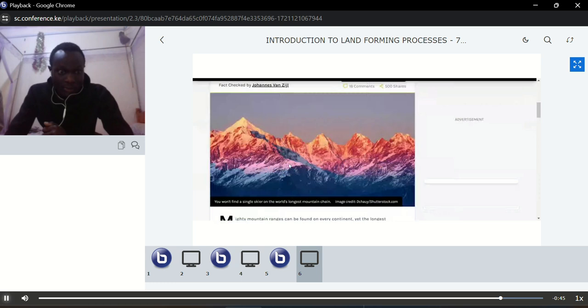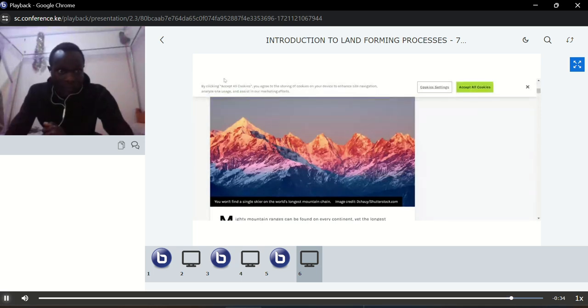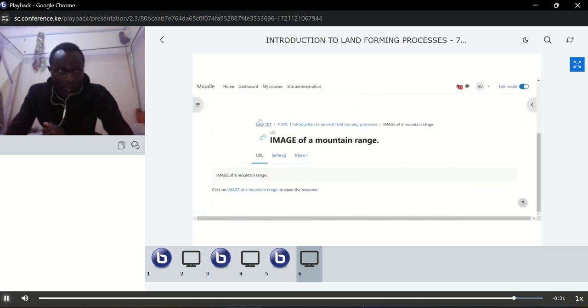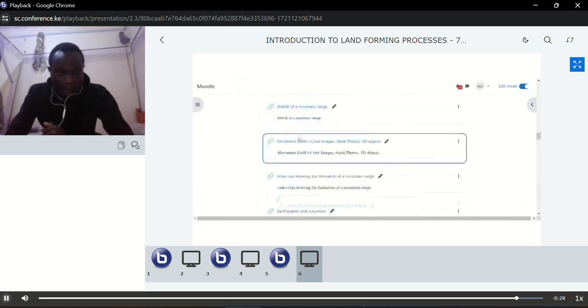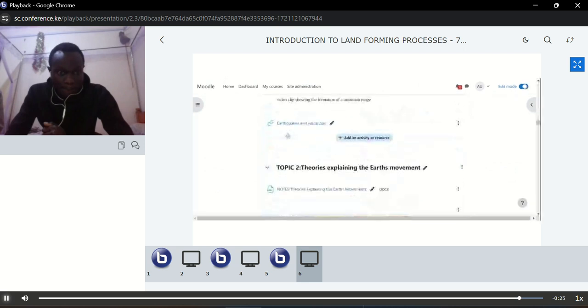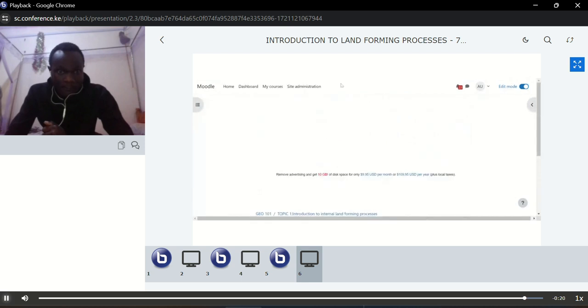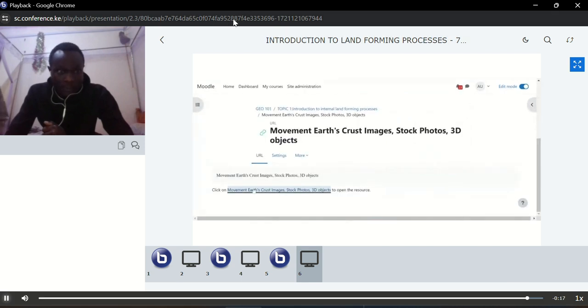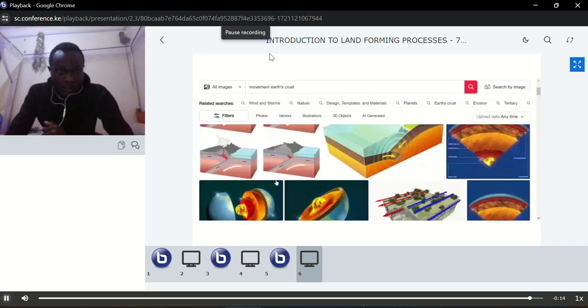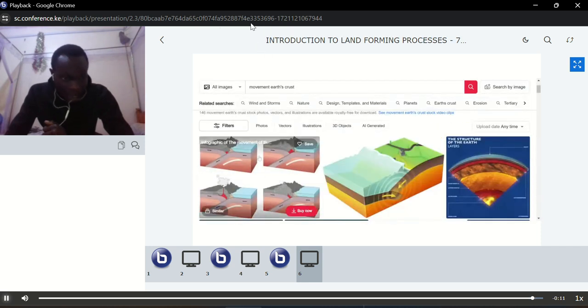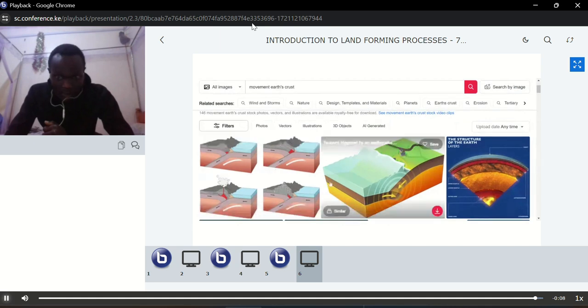There is an example of the image of a mountain range. And we have the diagram showing the movement of the Earth and the structure of the Earth.